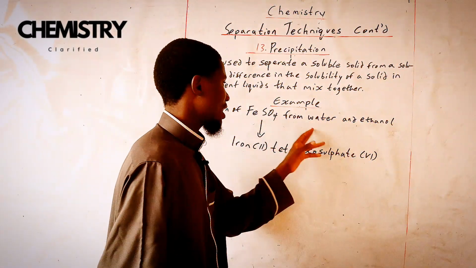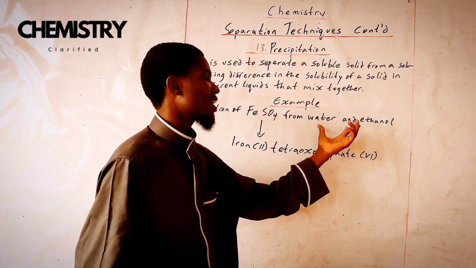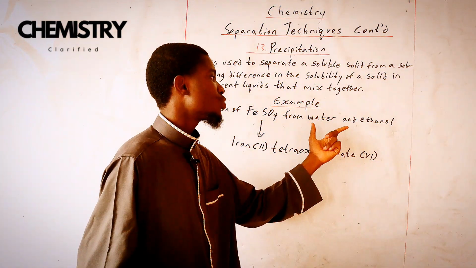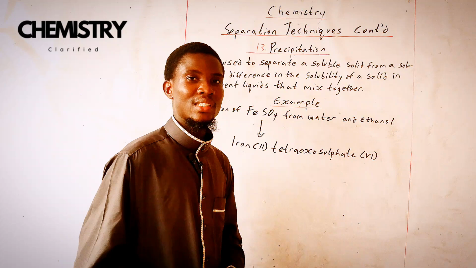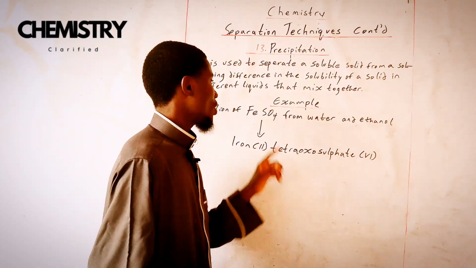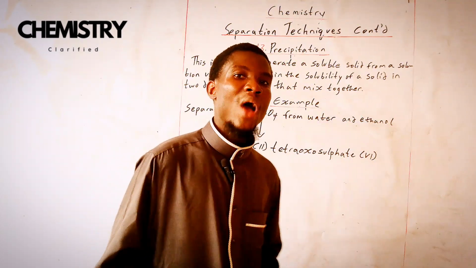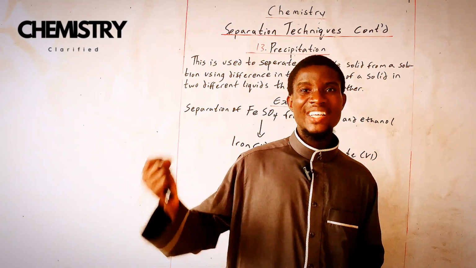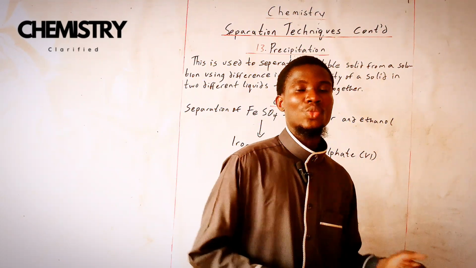Because it dissolves in water and doesn't dissolve in ethanol, you can take that as an advantage and use the difference in its solubility in water and ethanol to precipitate it out of the solution. What does this mean? When we have this salt dissolved in water, we are going to introduce ethanol to the water. Now, ethanol does mix with water.